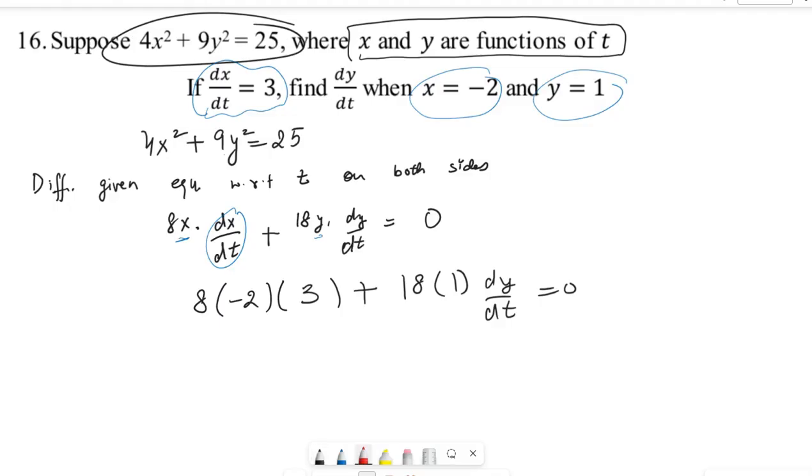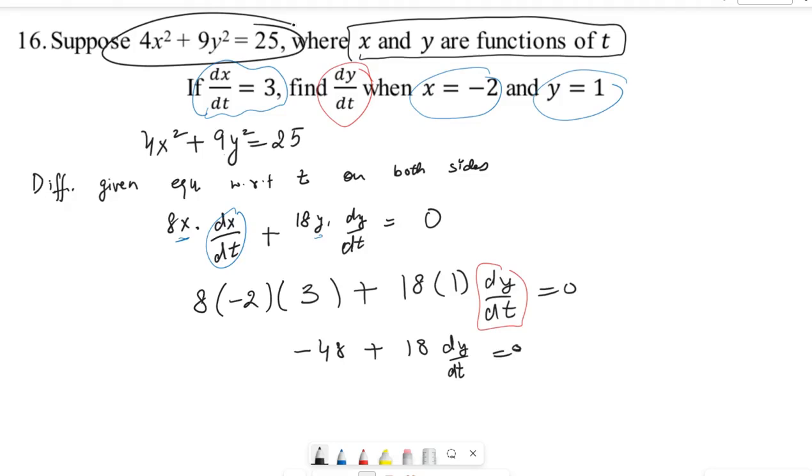And if you notice, this is what we need to actually find. So all we have left here is simplify this equation. 8 times 2, 16 times 3 is 48 plus 18 dy by dt is equal to 0.